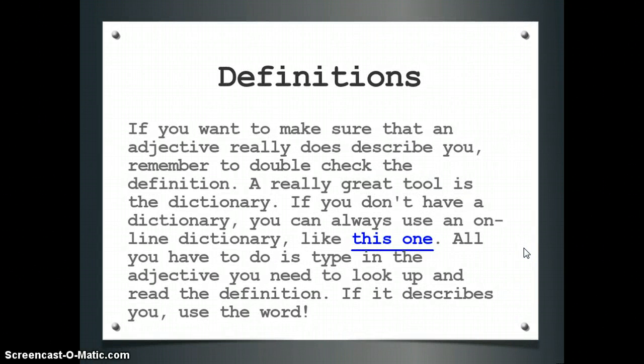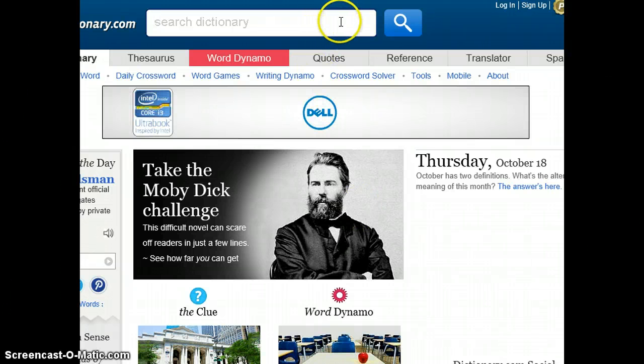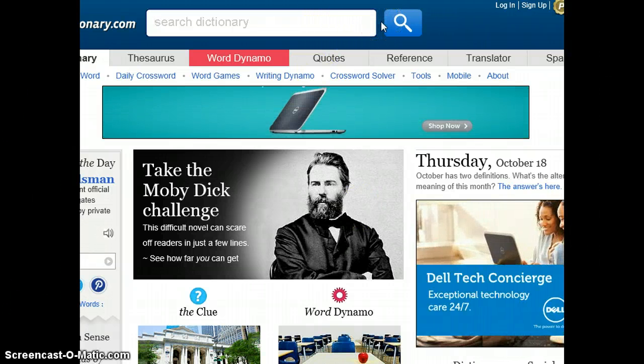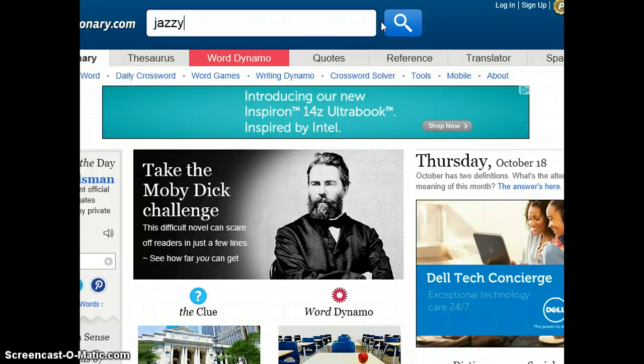Sometimes it's important to look up the definitions of the adjectives to make sure that they really do describe you. And so I like to use dictionary.com, which is an online dictionary, and it's the one that I've chosen here. And since I used the word jazzy, let's look up jazzy.